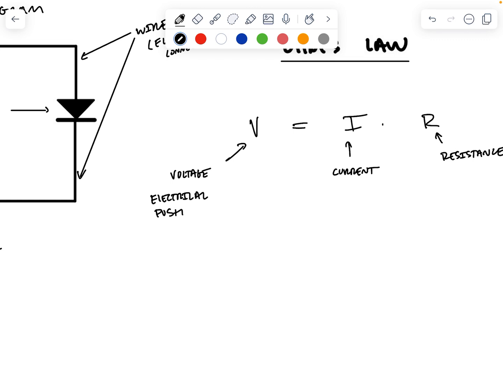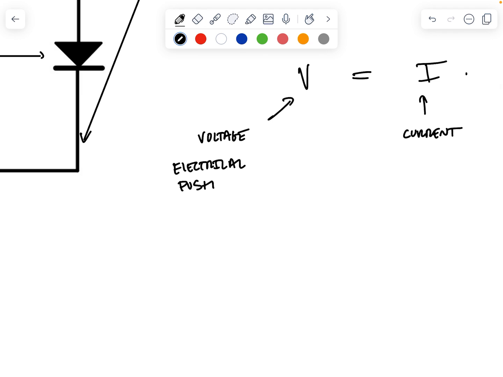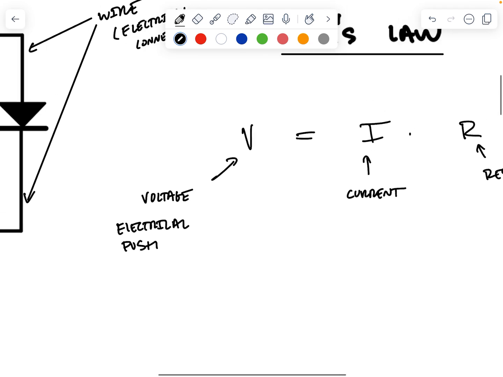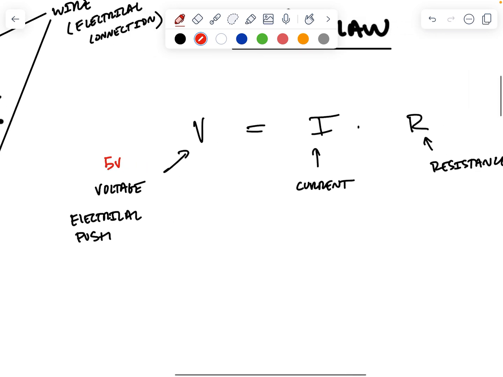For us, it's going to be determined by our Arduinos, or potentially the size of the batteries that we use. So when we hook a battery up to our Arduino, most of the pins on the Arduino are 5 volts. So the voltage that we're mostly going to be working with is 5 volts.